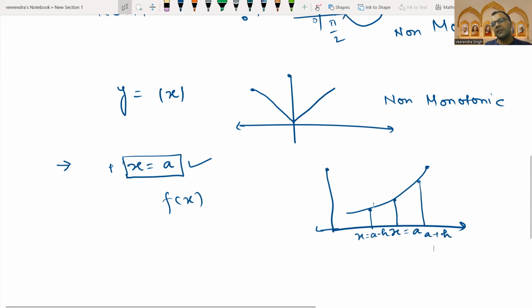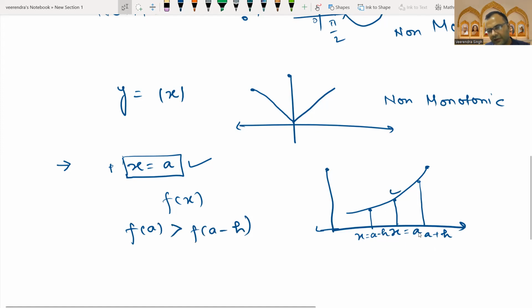From the graph, we can see that the values are increasing. As x is increasing, f of x is also increasing. So we can see that f of A is greater than f of A minus h.